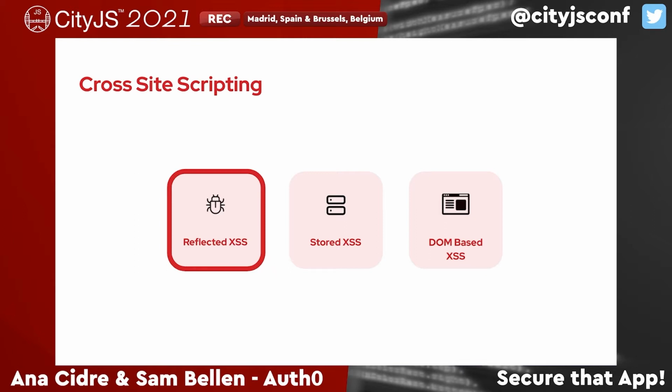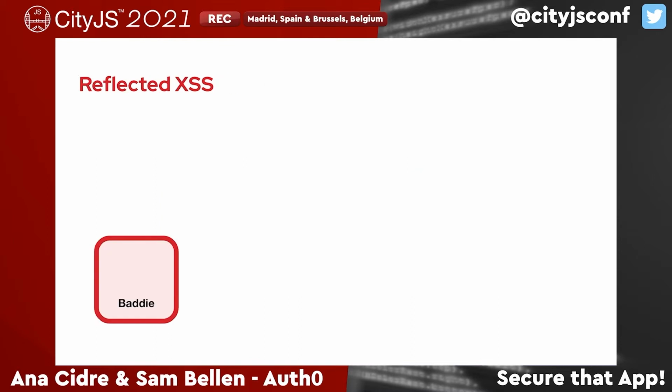So that's why we call it reflected, right? So reflected attacks are normally delivered via a link and therefore require some amount of coercion, such as tricking the victim into clicking a link sent to them in an email, which is basically what Sam talked about earlier with the phishing attacks. So let's take a look at what this scenario might look like.